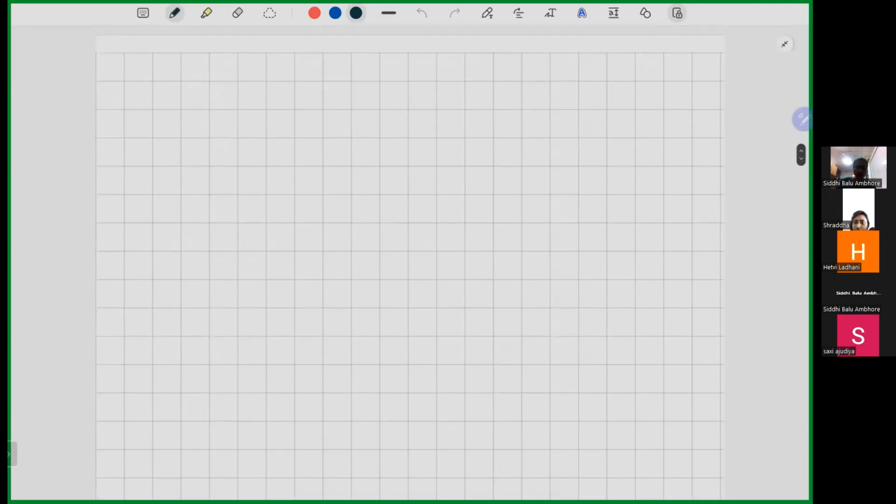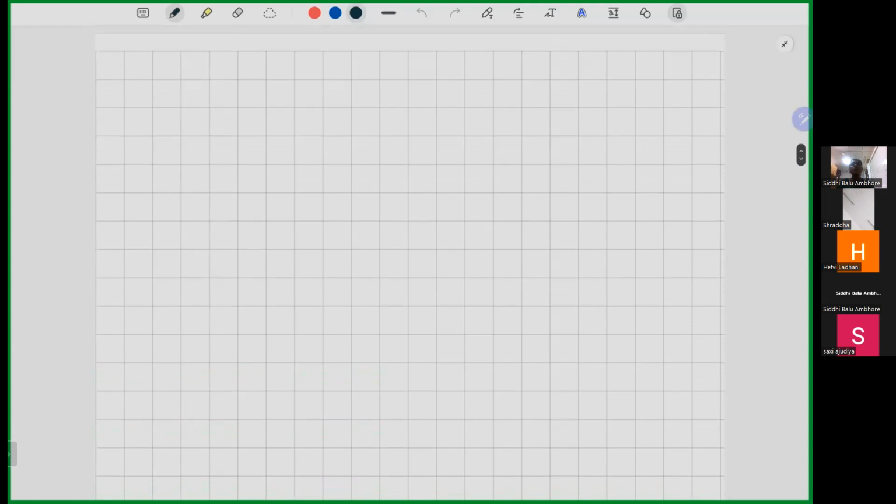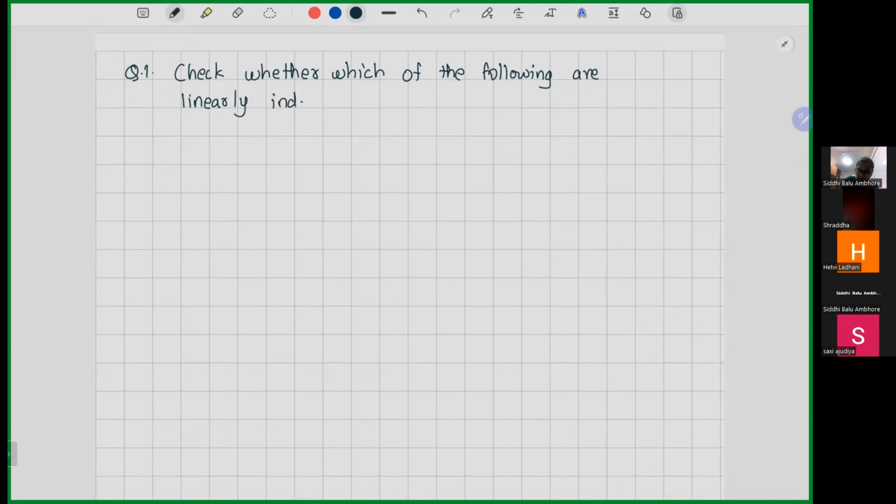We'll start with the first problem, where we will check whether the given set is linearly independent over a vector space or not. So let's start with question 1. Question 1 is: check which of the following are linearly independent sets.